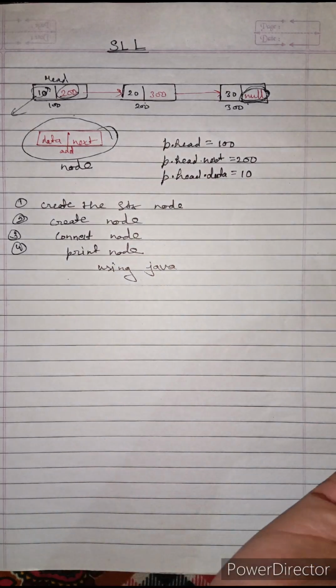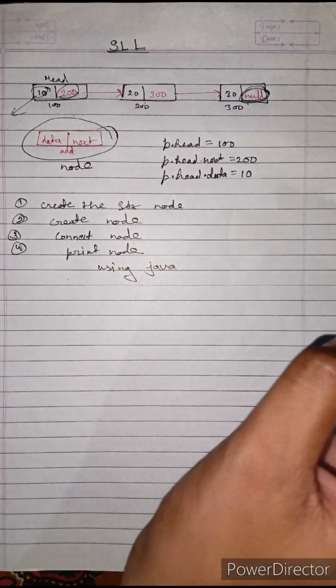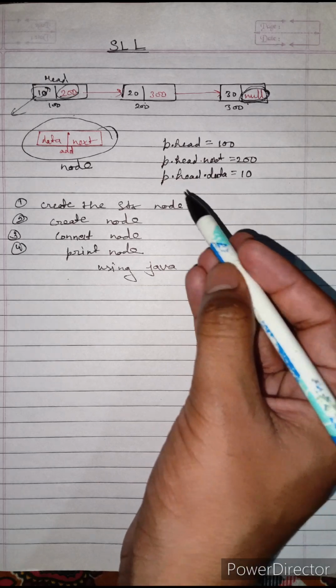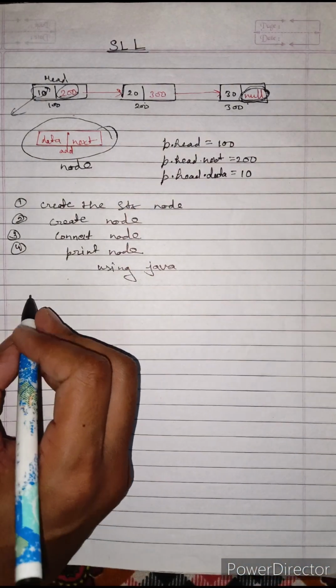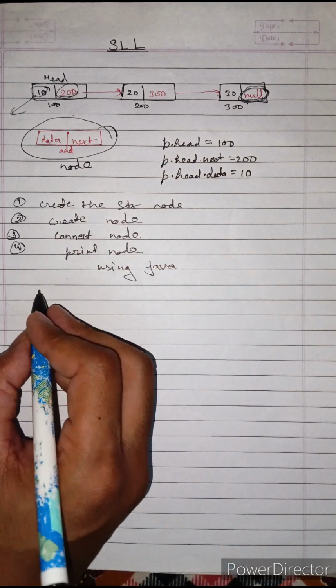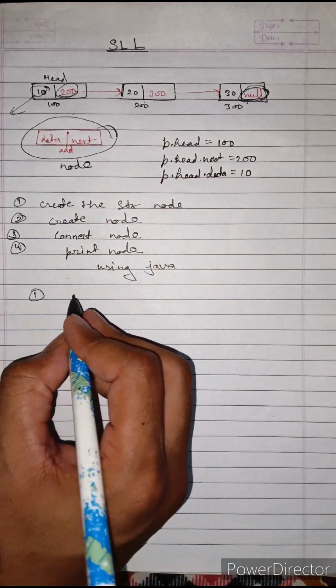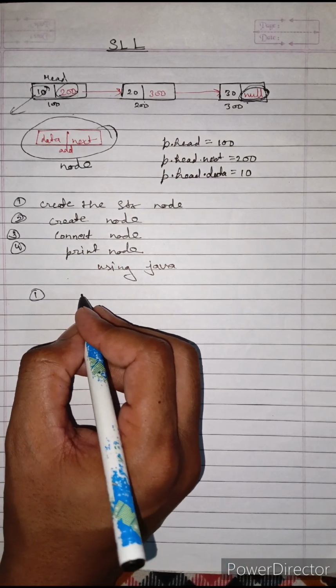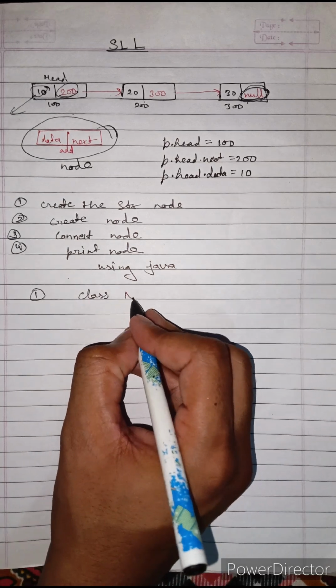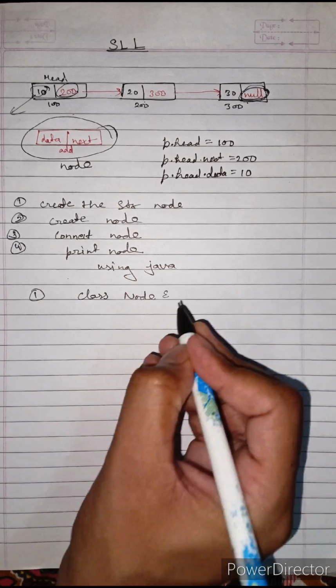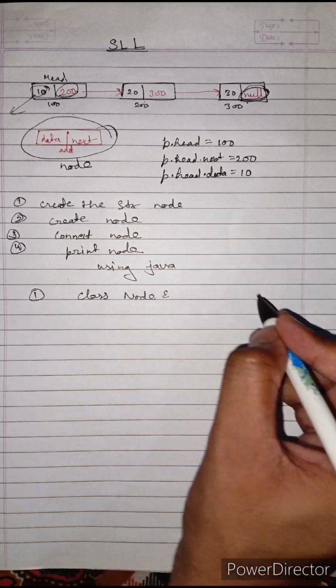How are we going to do this? Firstly, we will understand the logic of this linked list. The first step says: create the structure of nodes. So let me follow the first step. Class Node, we are going to create the structure of the node.